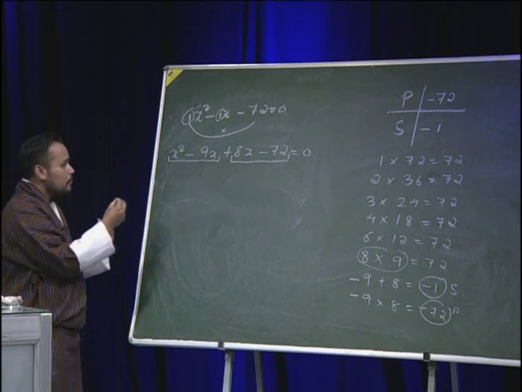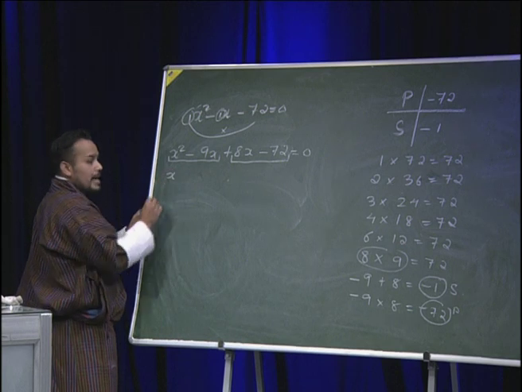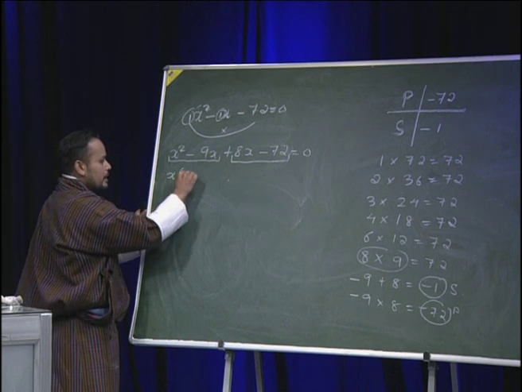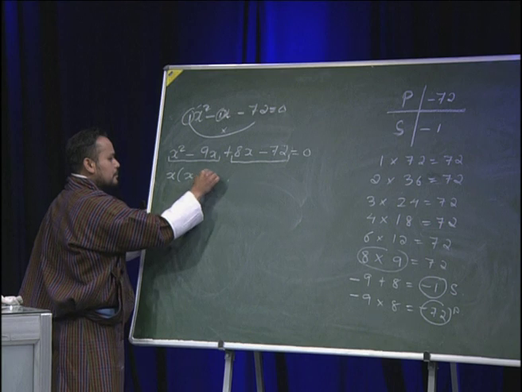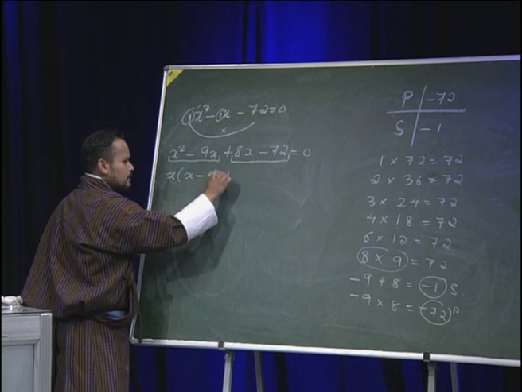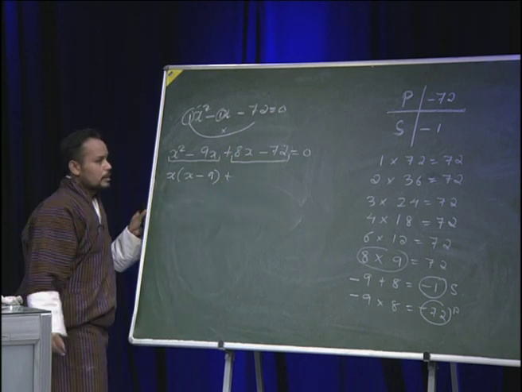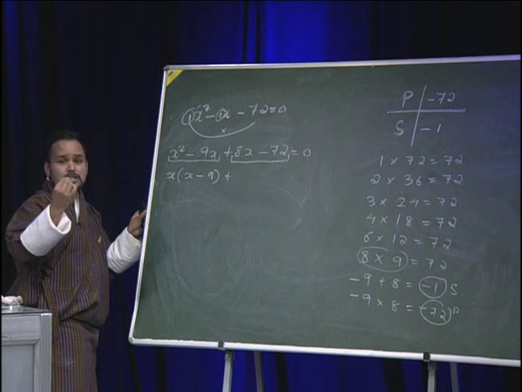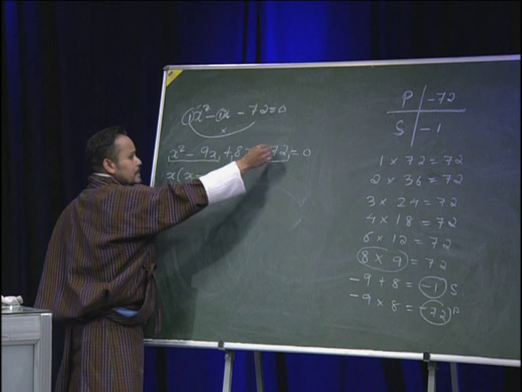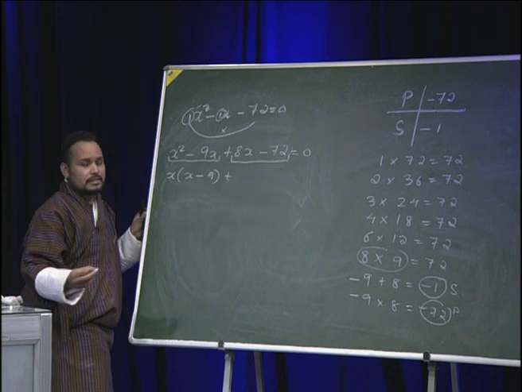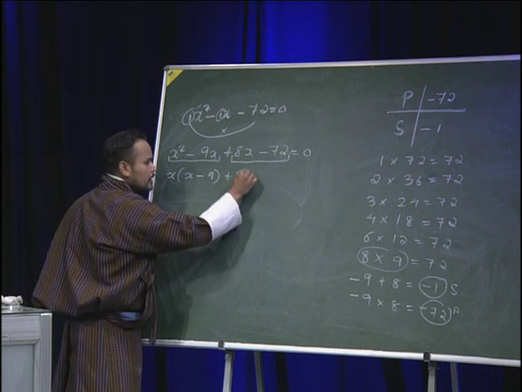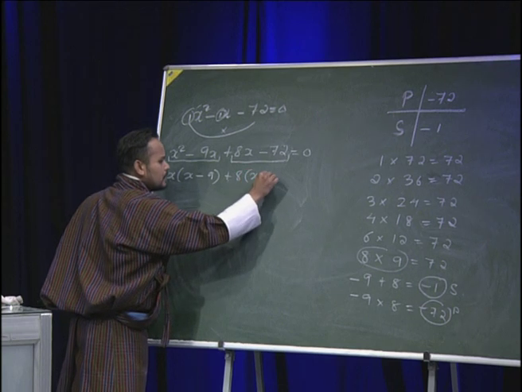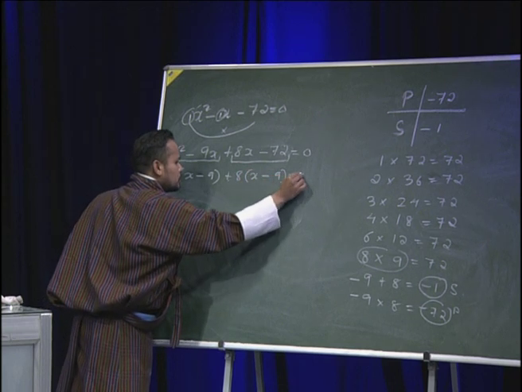You take x common, it will be x multiplied by x minus 9, plus from the second two terms, there is no x common, still there is a number common. 8 is common in both terms because 72 is a multiple of 8. So when you take 8 common, 8 times x minus 9 is equal to 0.